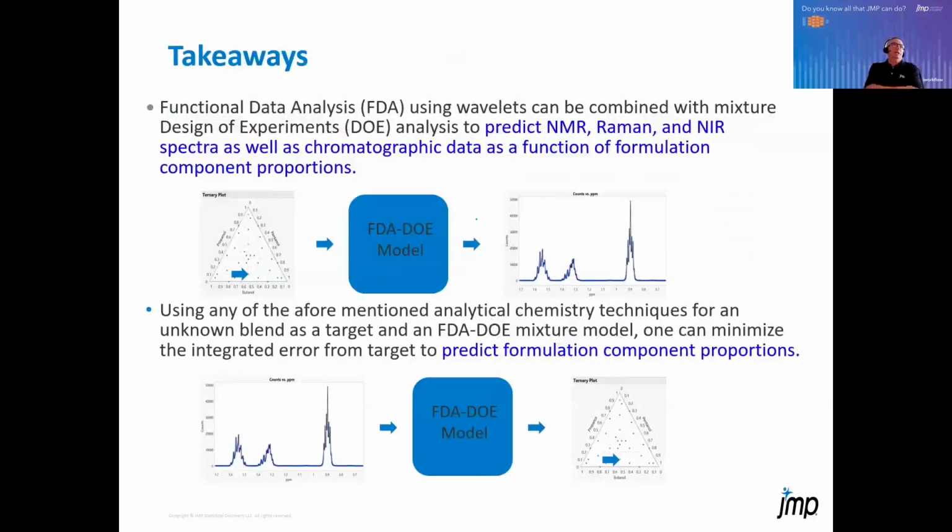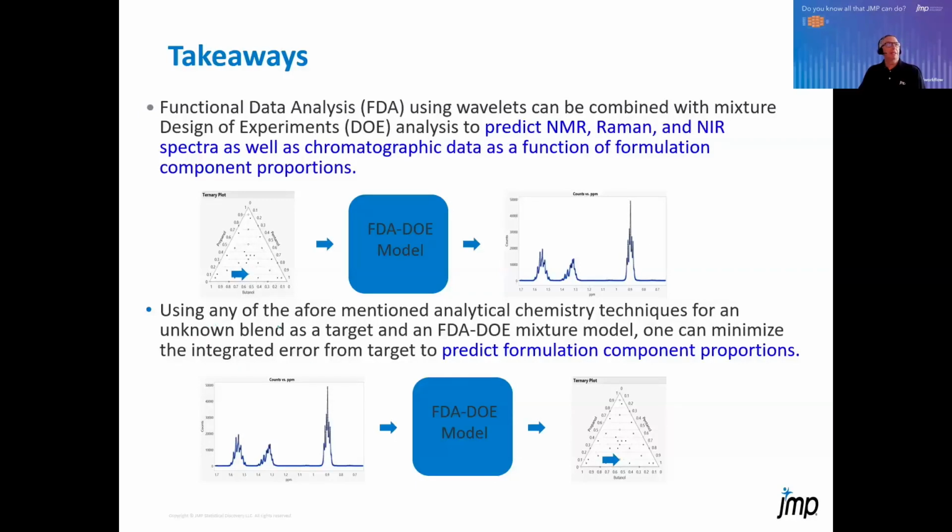Okay, so takeaways. Functional data analysis using wavelets can be combined with mixture design of experiments, and it will allow you to predict NMR, Raman, and nearly any spectra that you want, as well as chromatographic data as a function of formulation components and proportions. So you're going to take that information, get the FDA DOE model, and then be able to predict what this spectra is trying to tell you.